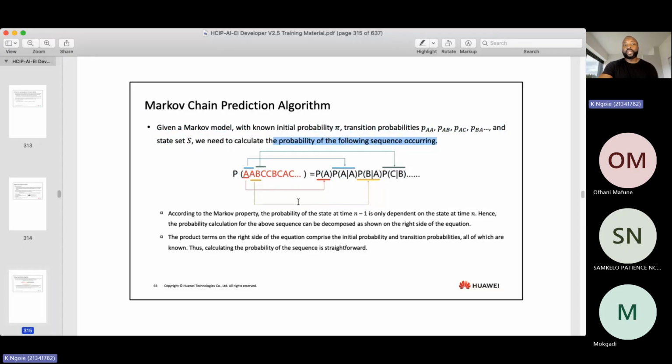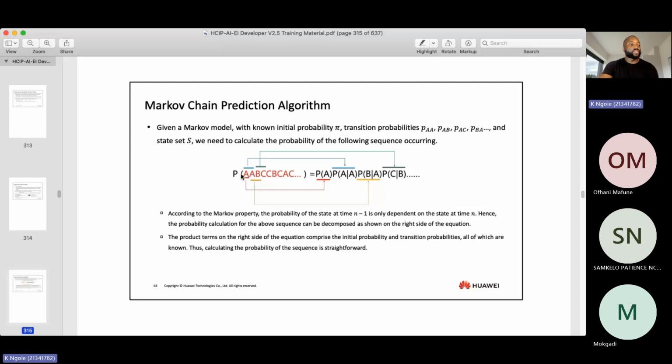When you look at this, let me give you an explanation. Basically here, we're going to start with the initial probability for the first state, which is A. So the first probability here is the probability of A. And then we multiply by the transition probabilities for each step.